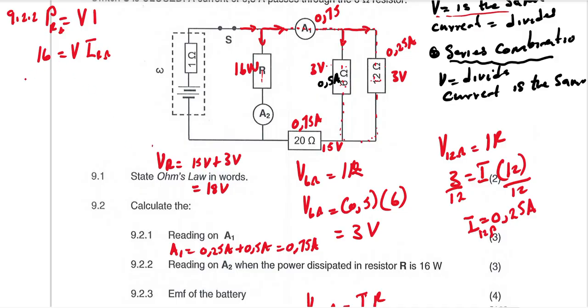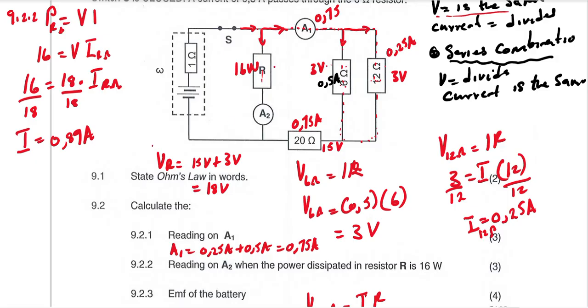So then we're going to come here and say 16 is equal to our V, 18, multiplied by R ohm. Do you get me? Then we're going to divide by 18. Our I is 16 over 18, and we get 0.89 A. Do you get me?